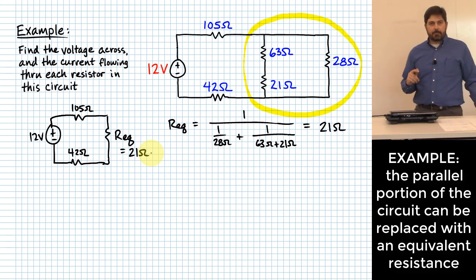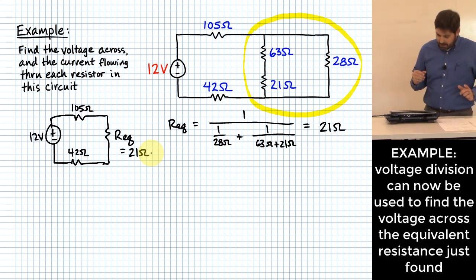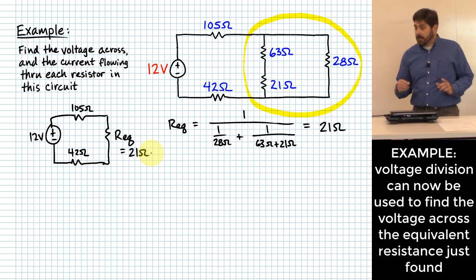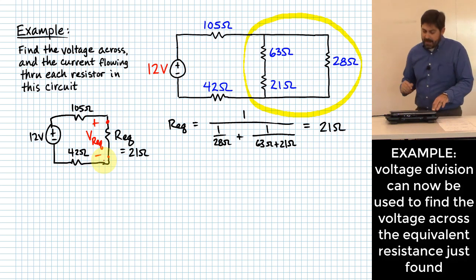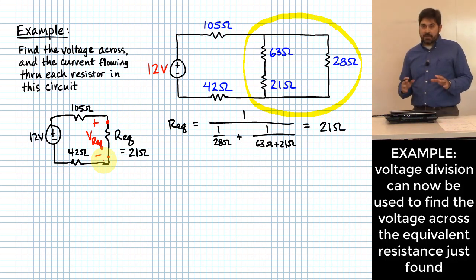So now what? I can do voltage division now, right? Because what I want is basically this voltage across REQ. Maybe I'll call it VREQ, right? I want that voltage across that resistor. And now I do have a scenario set up where I can just use straight up voltage division. What would that look like?